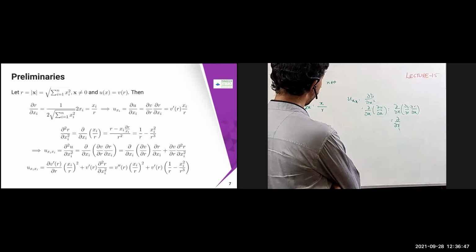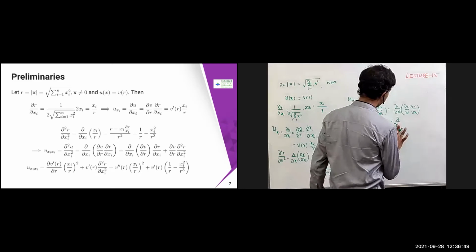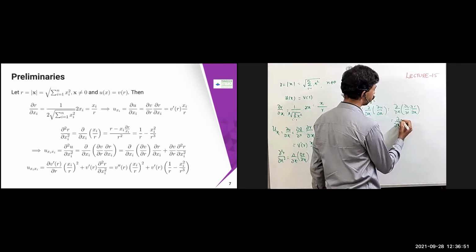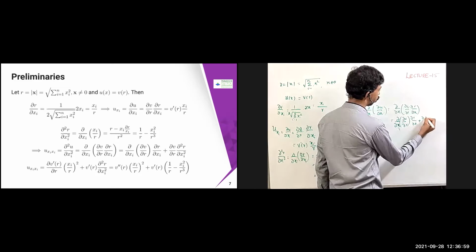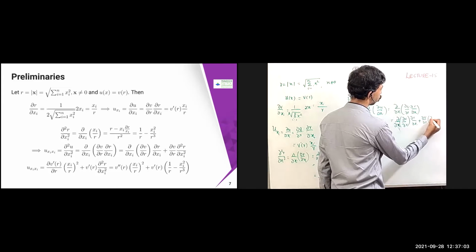Then, using the uv rule, ∂/∂ξ_i of ∂v/∂r into ∂r/∂ξ_i plus ∂v/∂r into ∂²r/∂ξ_i².